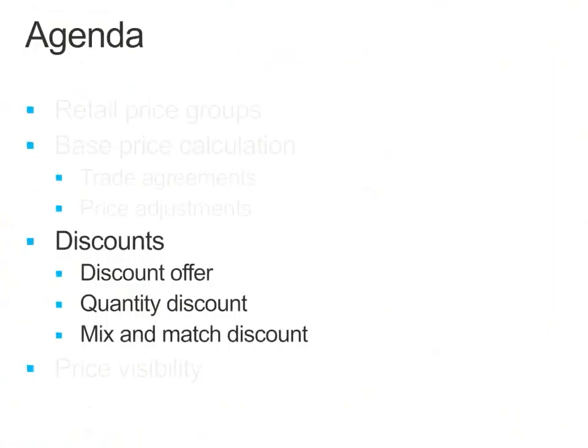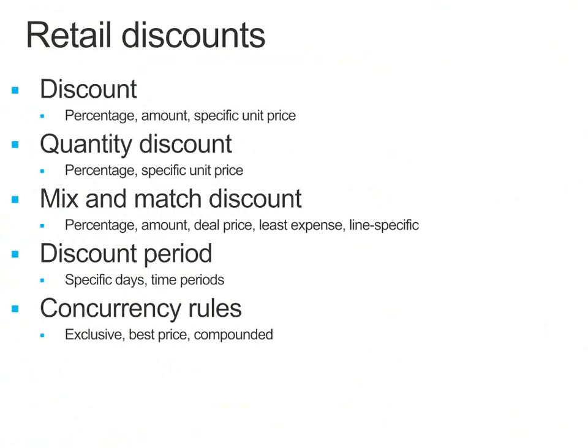So the next thing I want to talk about is the discounts. There are 3 different discount types that are specific to retail. So they only apply at the POS, not in sales orders. There's the discount offer. This allows you to specify a percentage off, amount off, or a specific unit price.